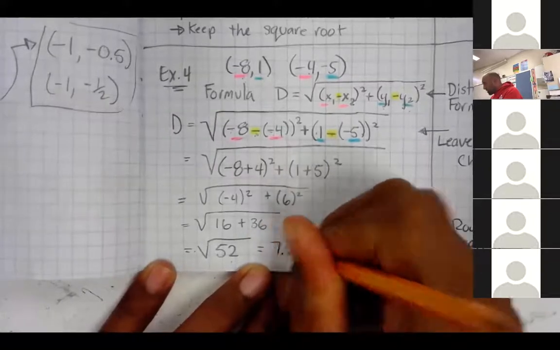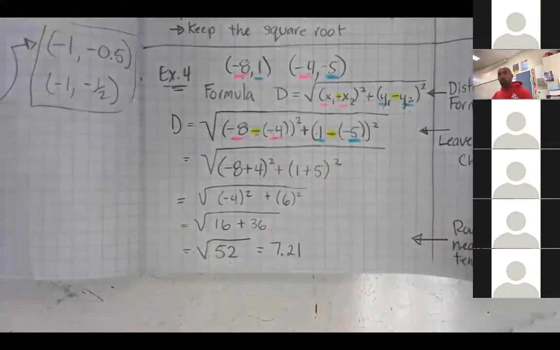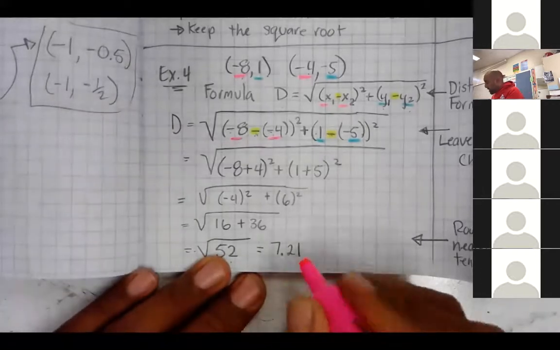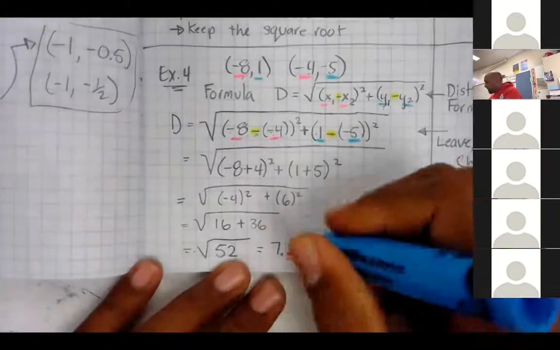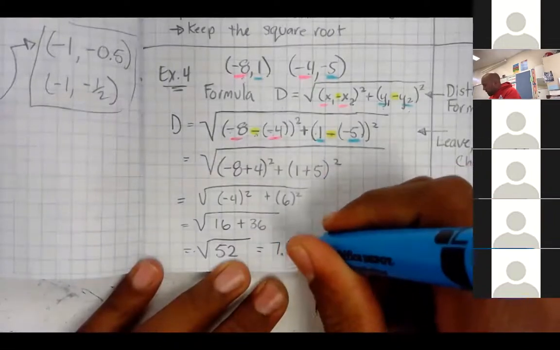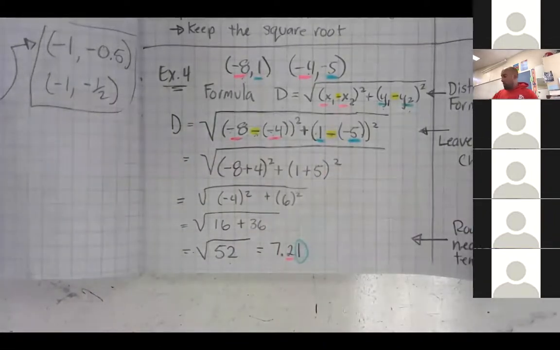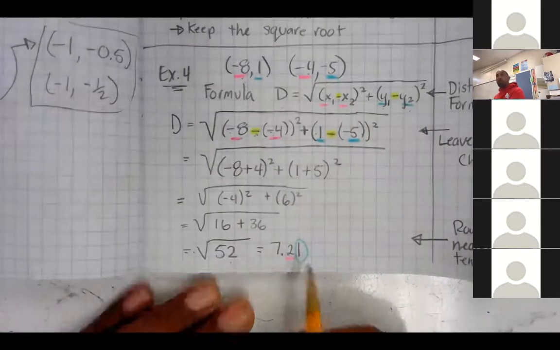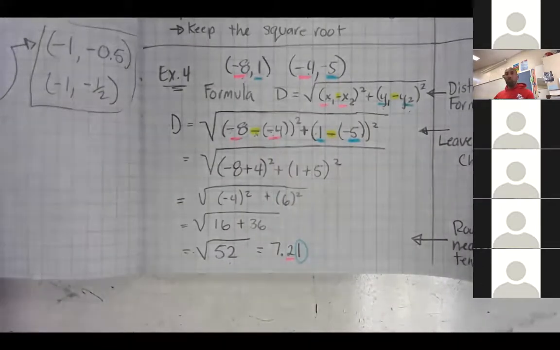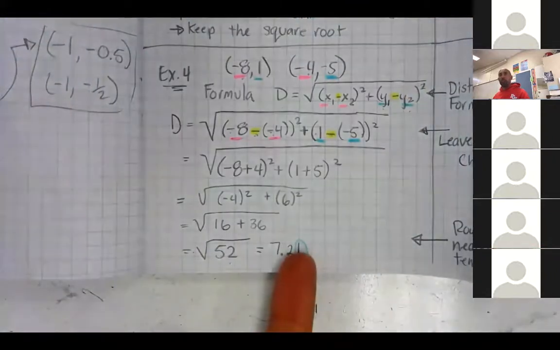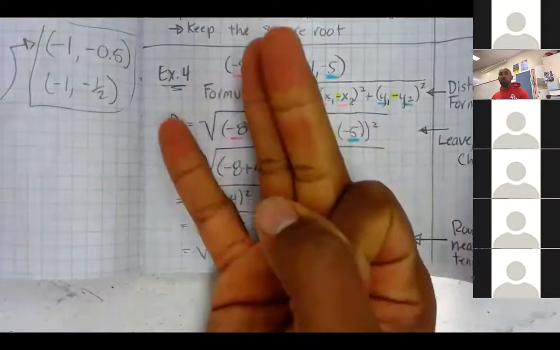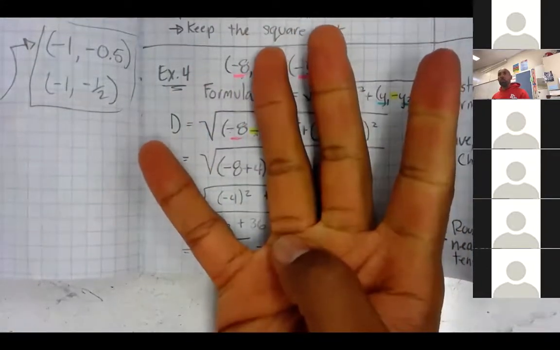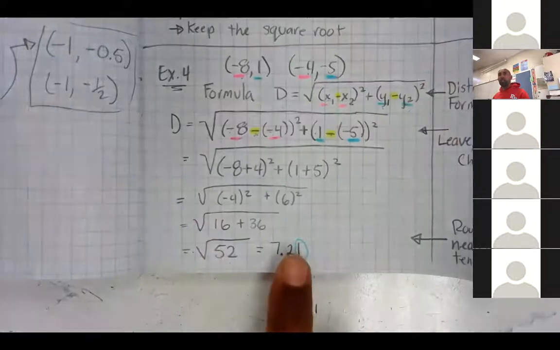So 7.21, if you guys remember, I'm gonna stop here, but then I have to look here. So you guys remember, if this might help, if that number right there, if it's 0, 1, 2, 3, or 4, then this number is going to stay.